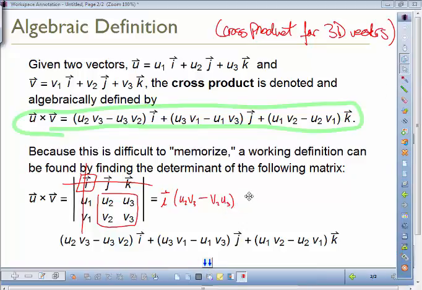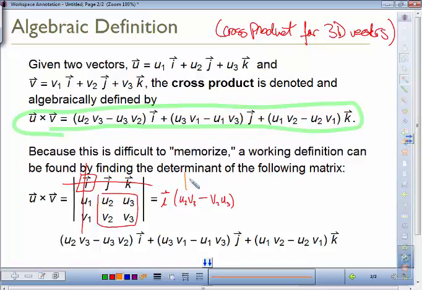So this actually came from the determinant of u2, u3, v2, v3.